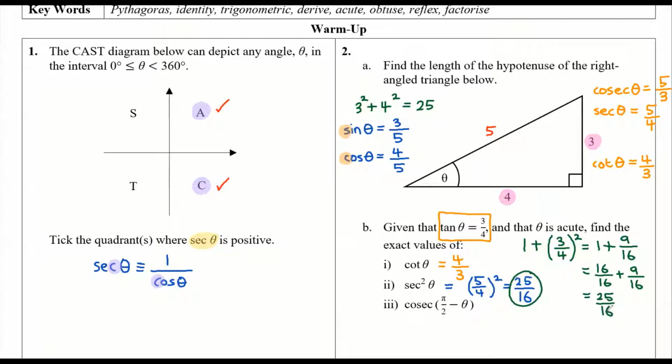Now for part 3, cosec of pi over 2 subtract theta. Well, this looks complicated, but if we go back to the diagram, we know quite a bit about this angle pi over 2 subtract theta.